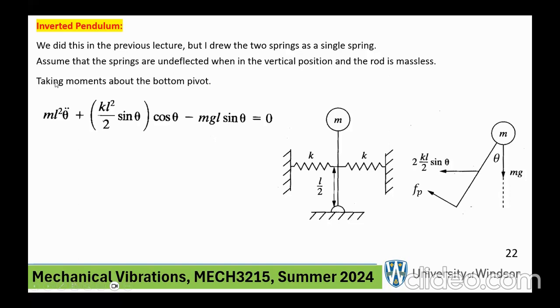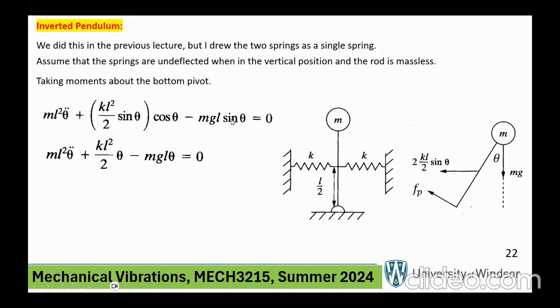Look, sum of all the moments about this point in the clockwise direction equal to mL squared theta double dot. I'm measuring theta like that. Now, for small angles, sine of theta is approximately theta, and cosine of theta is approximately 1.